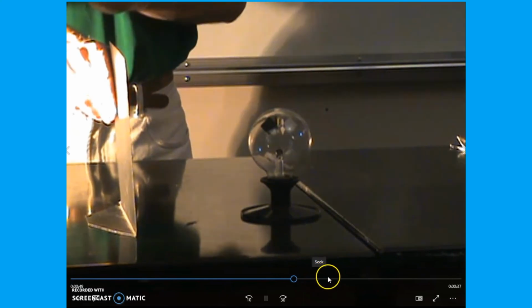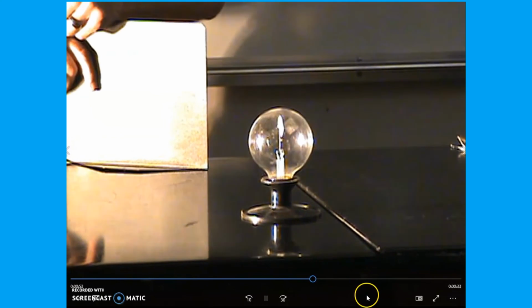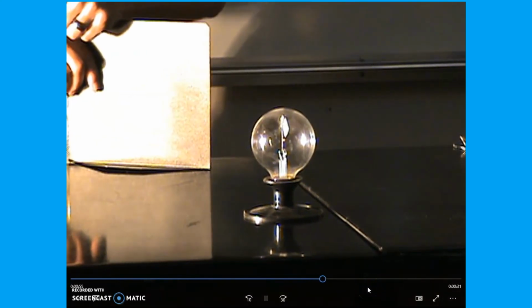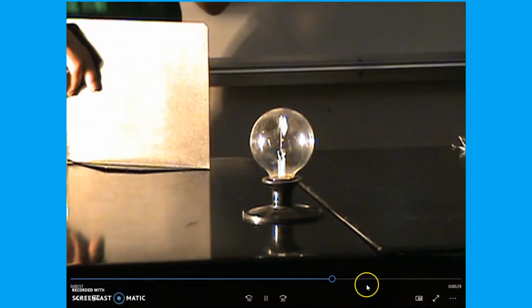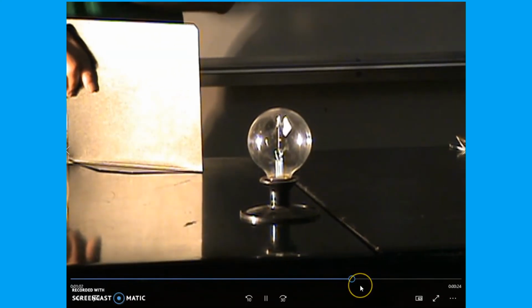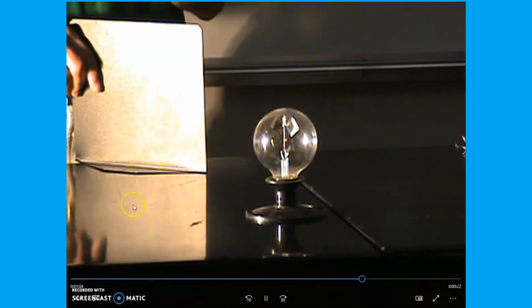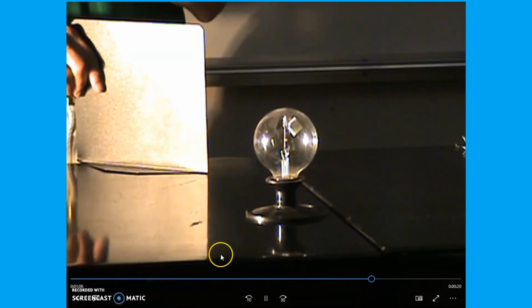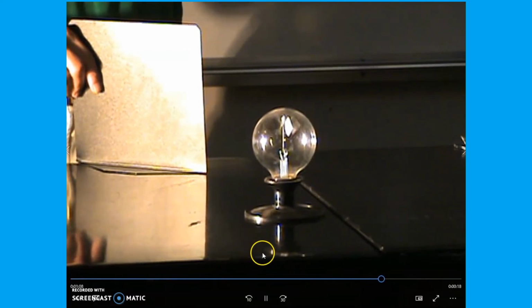So the question is, let's pull up the screen. We see all of a sudden these radiometer panes start to move. Obviously, if they are moving, they possess kinetic energy. Where did this kinetic energy come from? Well, it came from the bright light source itself. But how is that energy being transferred?